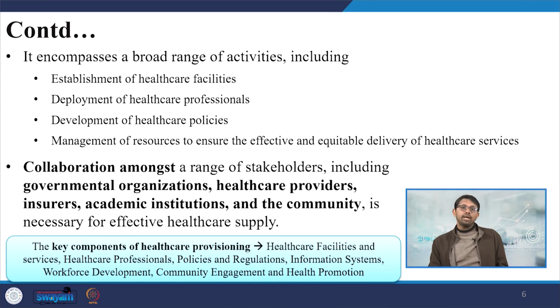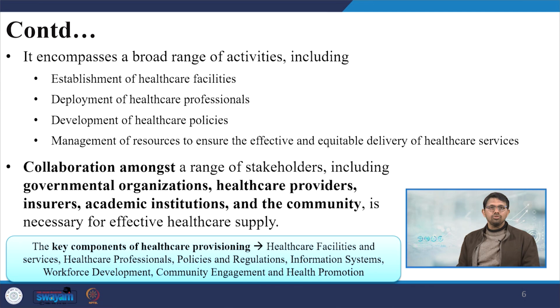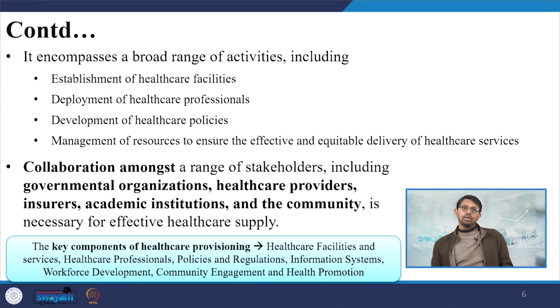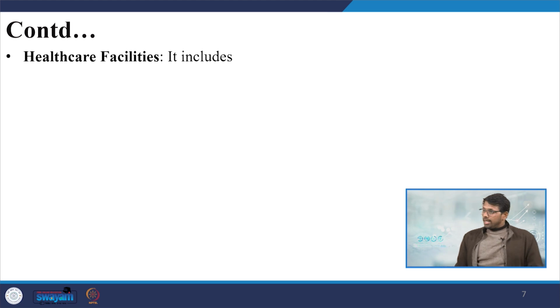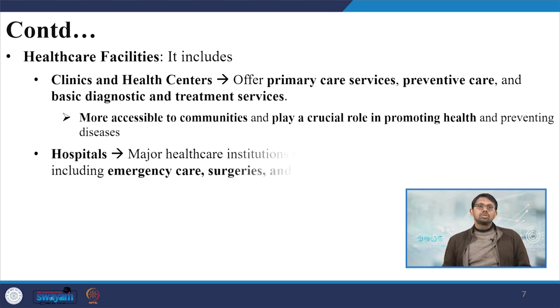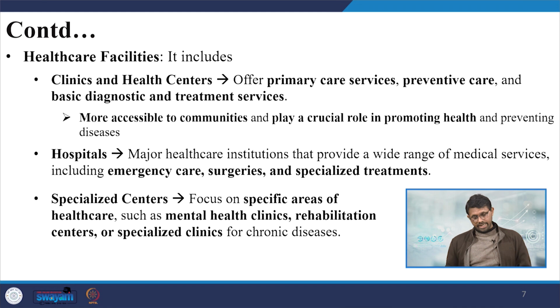The key components of healthcare provisioning hence include stakeholders such as healthcare professionals, policy, regulations, information systems, workforce development as well as community engagement for health promotion. Then, what do we mean by healthcare facilities?